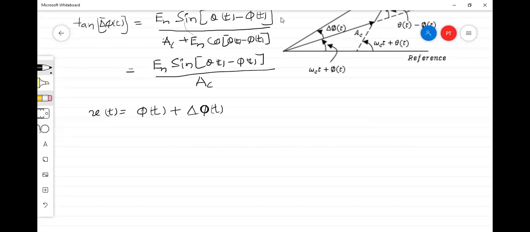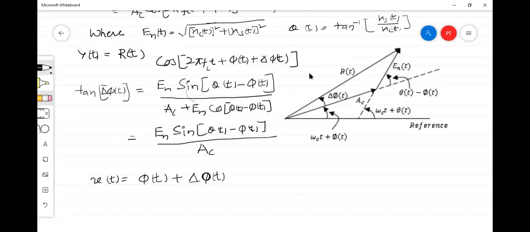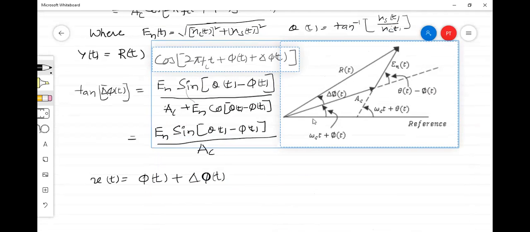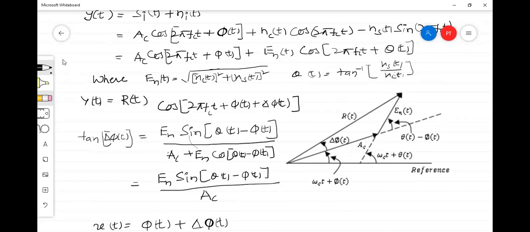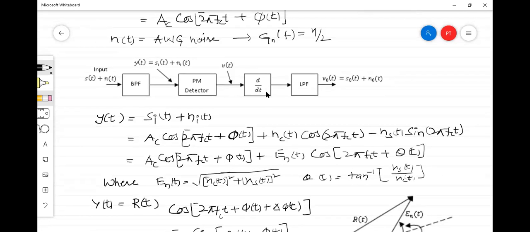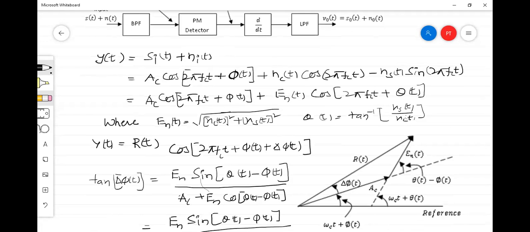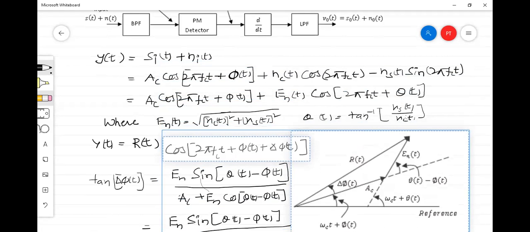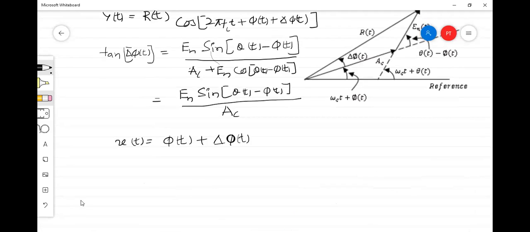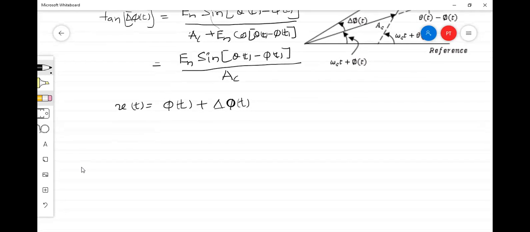Now when this signal is allowed to pass through a differentiator, we will have an output V of t after also passing through a low pass filter. What is the signal component?